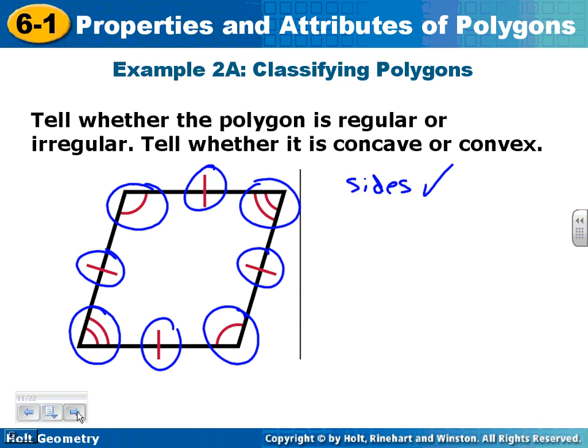So my angles are out. So it's irregular. Tell whether it's concave or convex. Well, is it caved in? No. So it's convex. Concave and convex. Look at the next one.